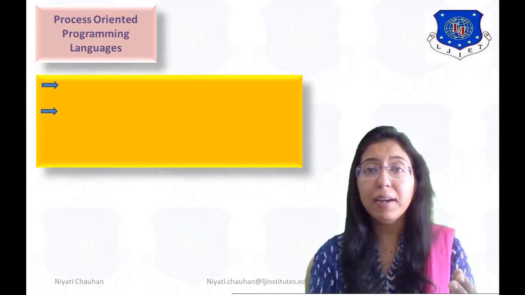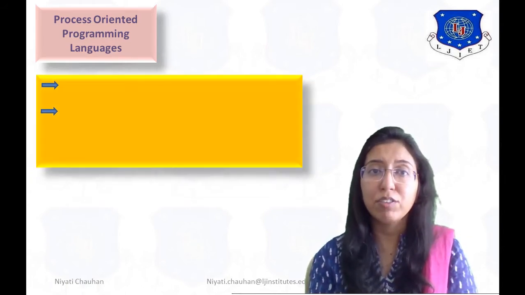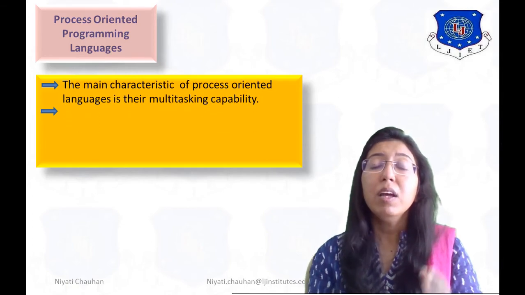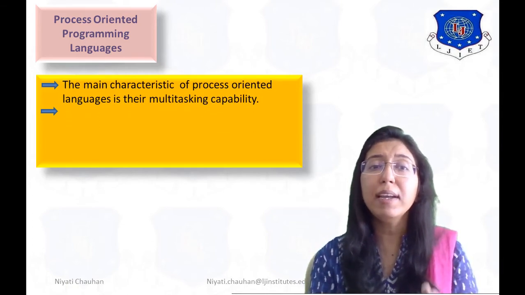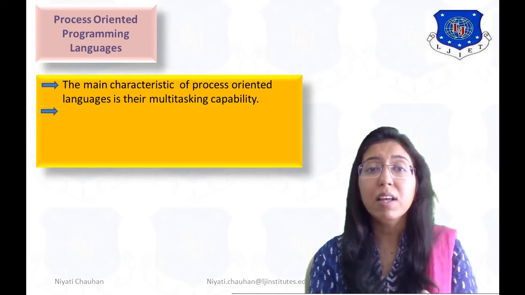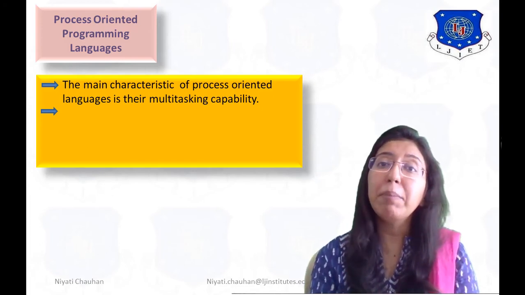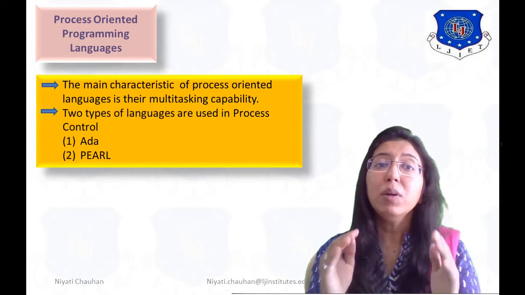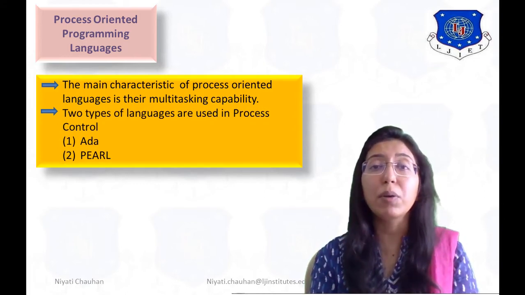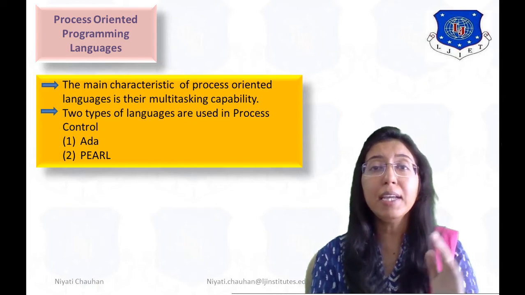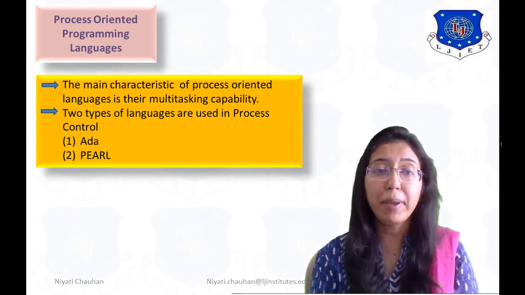Process oriented programming language. The main characteristic of process oriented languages is their multitasking capability. Two types of languages are used in process control: number 1 Ada, number 2 PEARL.